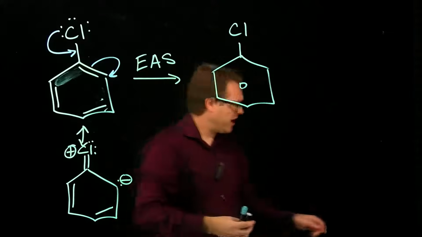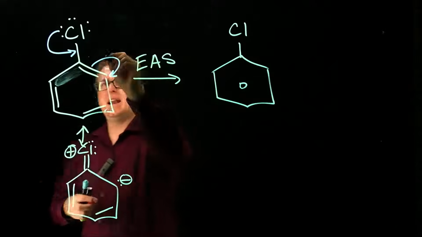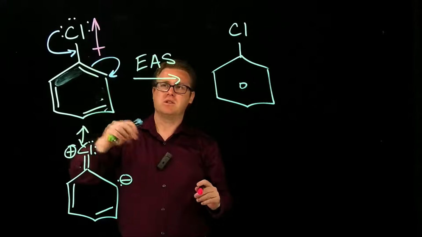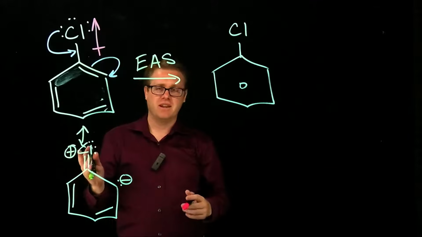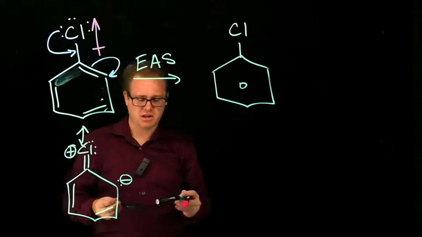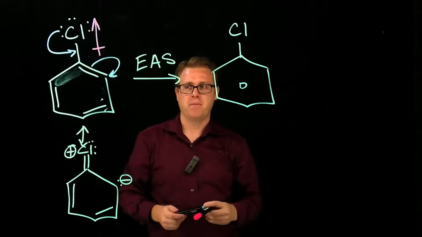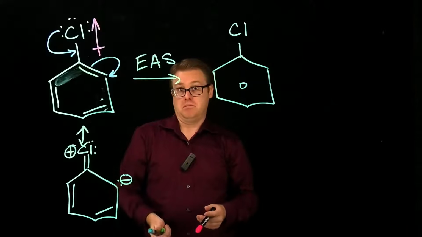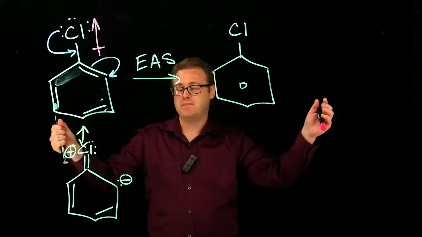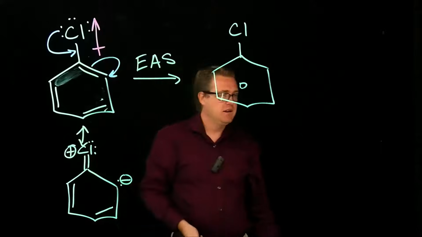But then previously I said it actually is a deactivator. And so it's withdrawing electrons by the inductive effect from the ring. So if it's a deactivator, then it should be a meta director. See, there's two ways to look at this, and one says this, one says that. So what do we do?